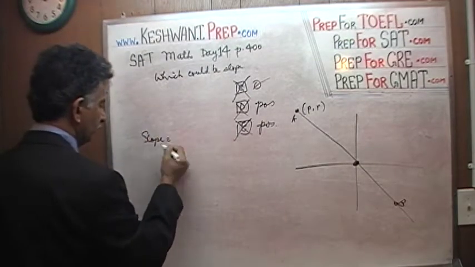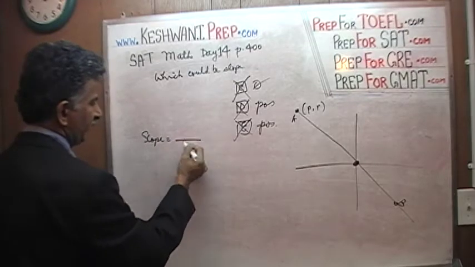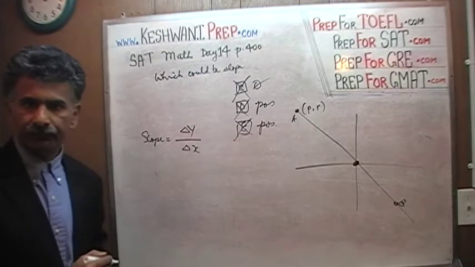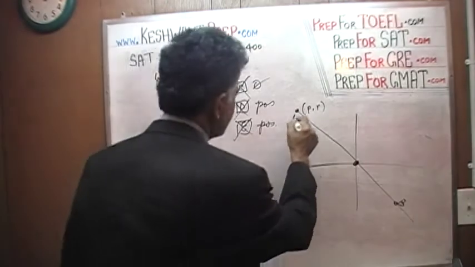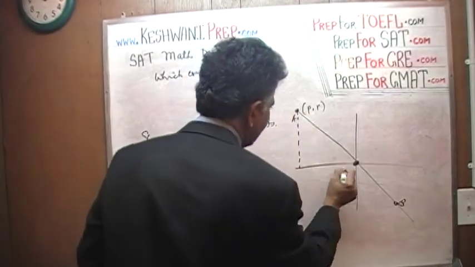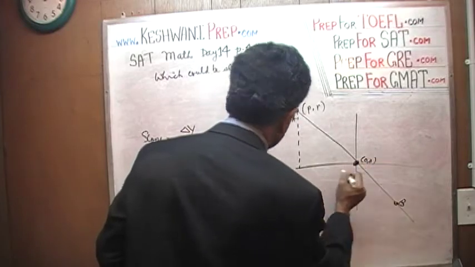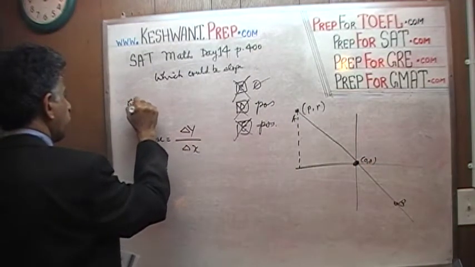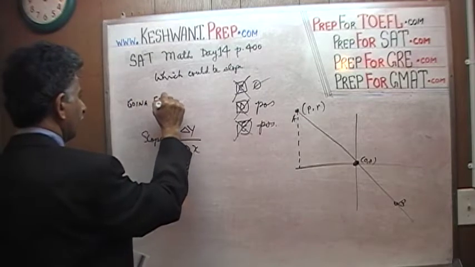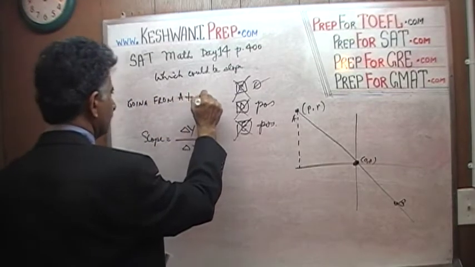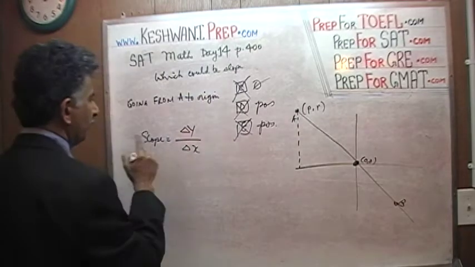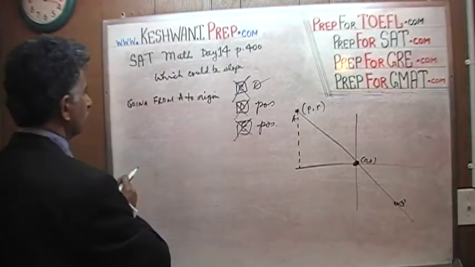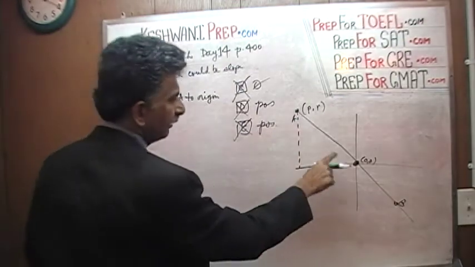Slope, as you know, is simply how much the y changes when x changes by a certain amount. So how much does x change if we go from A to the origin?